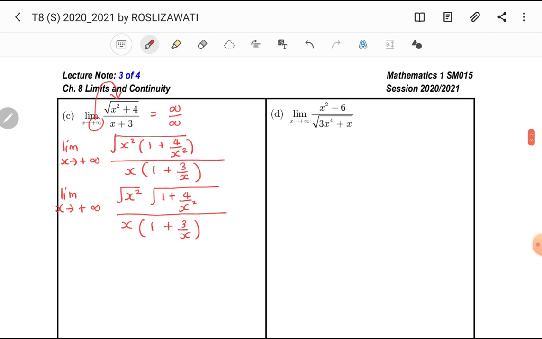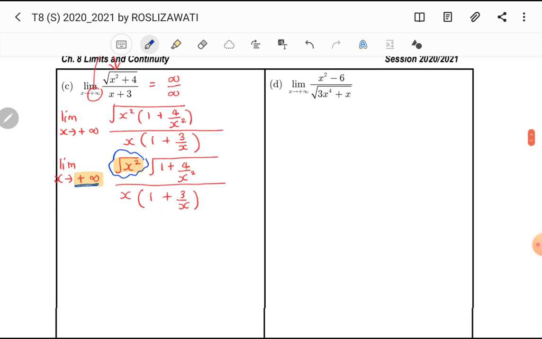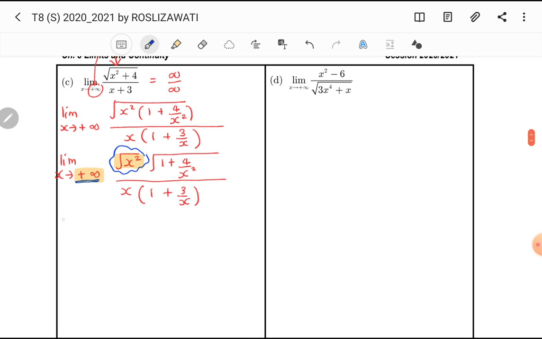Okay, jumpa sekali lagi square root of x squared, and your x approaches positive infinity. Cuba awak agak. Square root of x squared nanti saya nak replace dengan apa? Agak-agak bila your x approaches positive infinity. Yes. Clever.